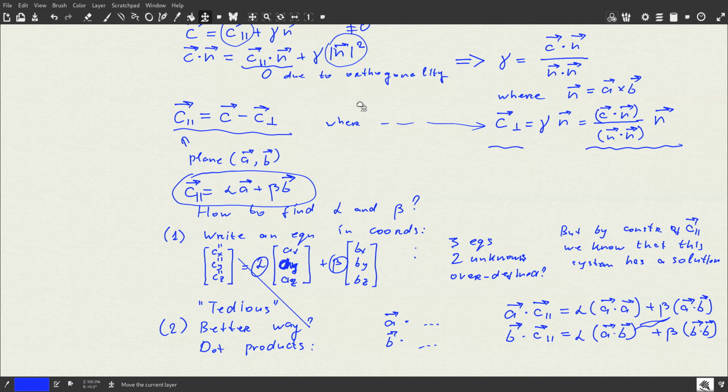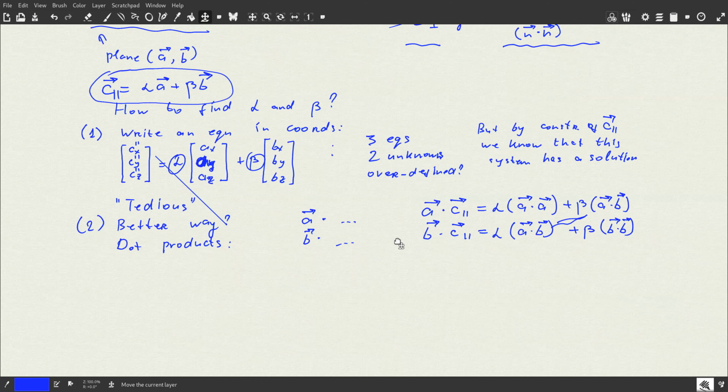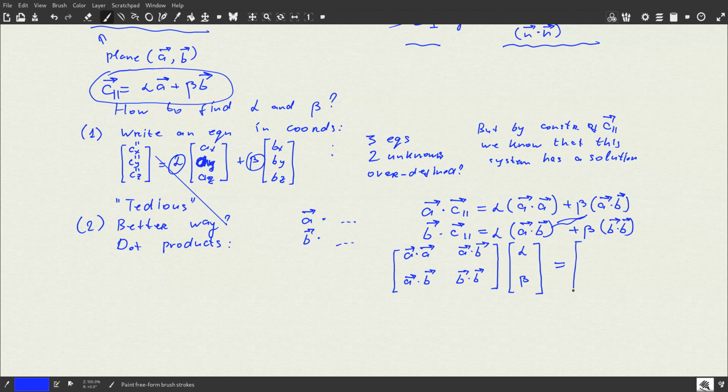Or in a matrix form, we make a 2 by 2 matrix: A times A, A times B, A times B again, and B times B, times alpha beta, equals our right-hand sides: A times C parallel and B times C parallel.